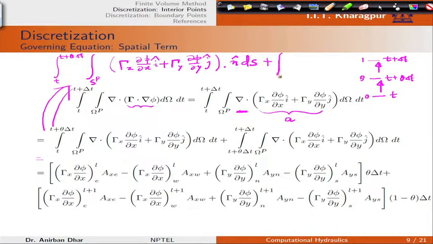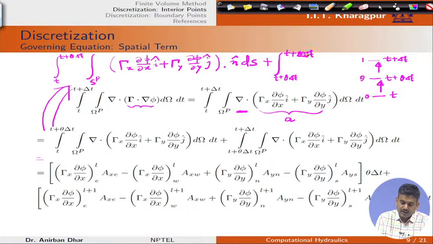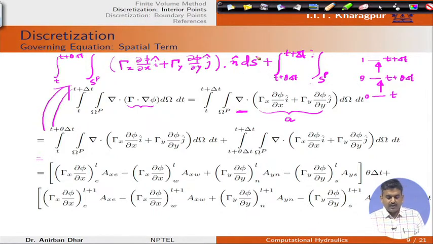Similarly, we can write the other term, t plus theta delta t, no, this is t plus delta t, and again spatial derivative for this one, this is for delta t and SP, that is for surface around P. So, in this case we can see that this unit vector is always outward positive.